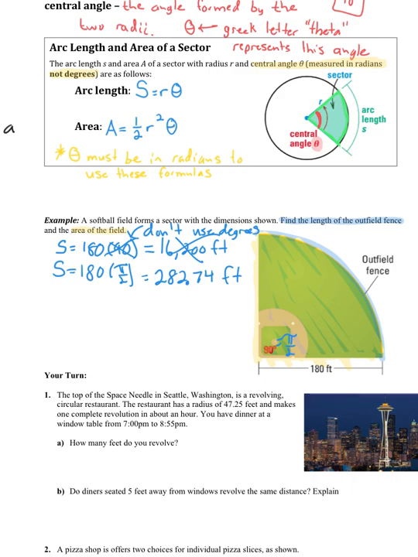If I did the other form I was just talking about, we'll do this in red, or I do circumference, 2 pi r times, in this case, 1/4, because it's 90 degrees, that's 1/4 of the entire circle. I could do that as well. And I would say 2 pi times 180 times 1/4.